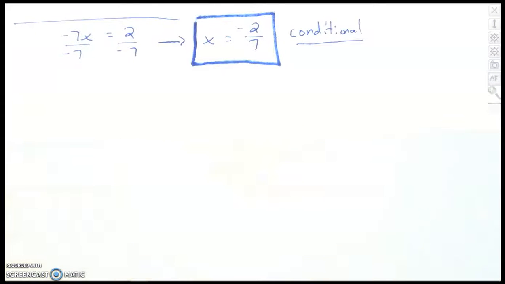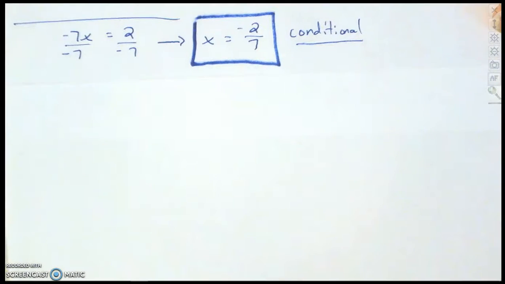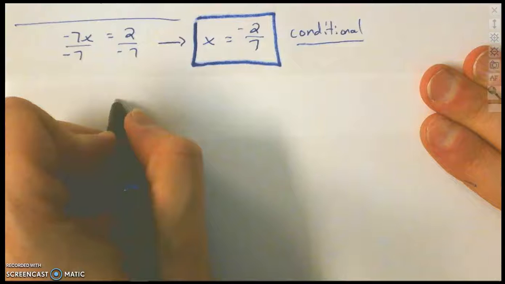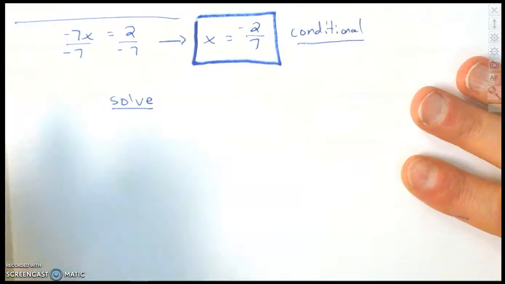Now let's move on and look at some more fractions. So that's one type when a fraction equals another fraction. What happens if we have whole numbers and fractions all mixed together? Well, if we have that, then we're going to have to clear the fractions.